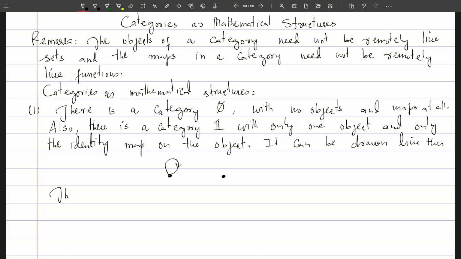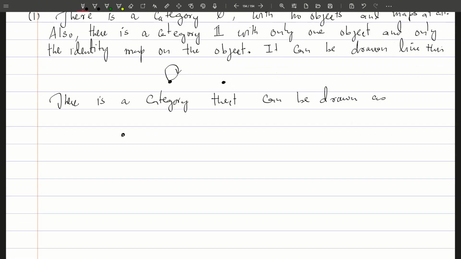So there is a category that can be drawn like this. Let us suppose this category has two objects and one non-identity map. As we mentioned, we do not bother to draw the arrows on the objects because by definition these maps are there.